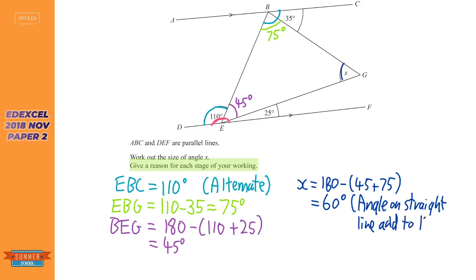to 180 degrees. Now normally, especially with Edexcel, they give you the marks for this type of question. They give you the marks for one parallel line thing, like alternate, allied or corresponding, and they give you a mark for something that's not related to parallel lines.